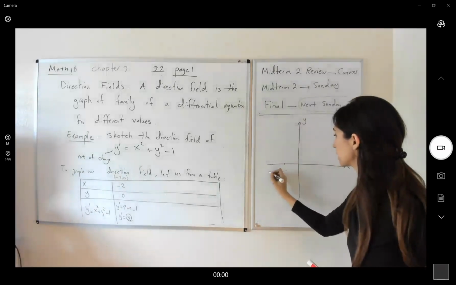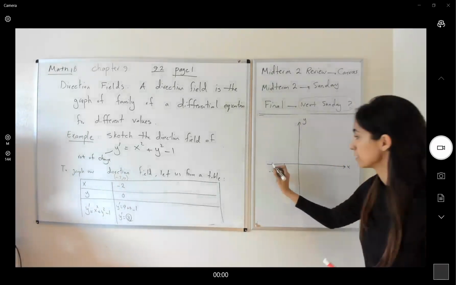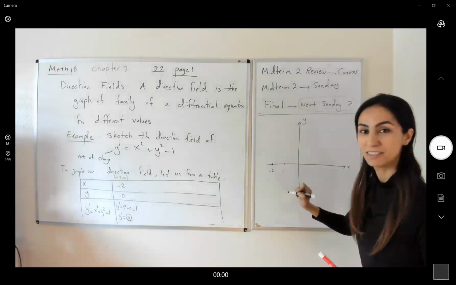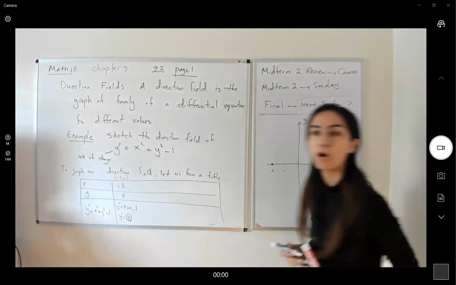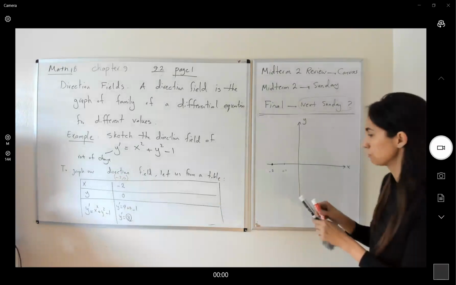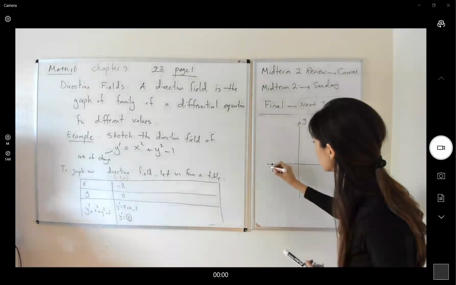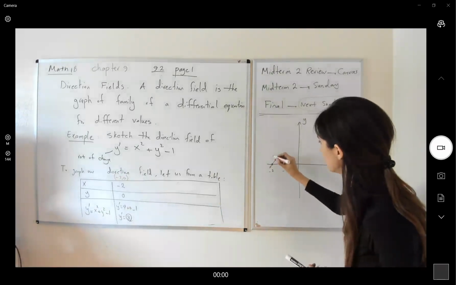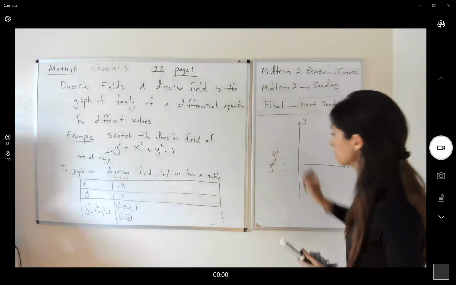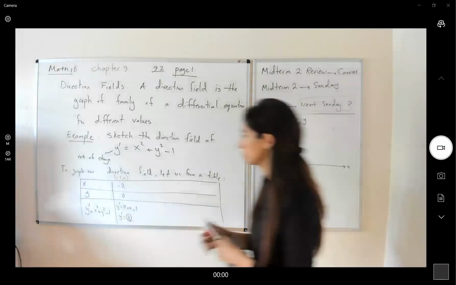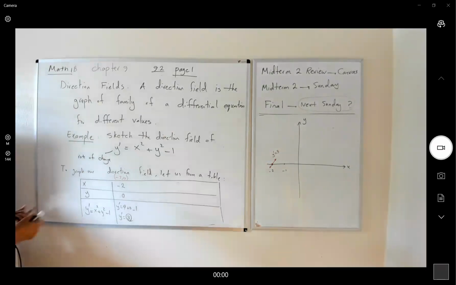So at -2 and 0, this is my point. Slope is positive 3. It's going to be like this. Y prime is 3.